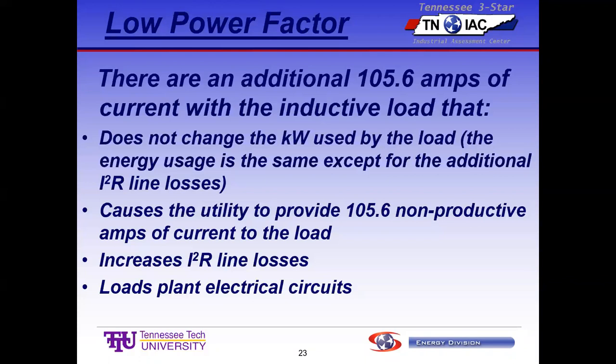So for example, if this motor was being served through that MCC, and I correct this from this 70, whatever it is, power factor up to 1, to 100%, I've got another 105 amps of capacity in that MCC that I can use to drive something else. That can be as important, more important than getting out of penalty for a particular plant. So, you know, this thing cuts more than one different direction.